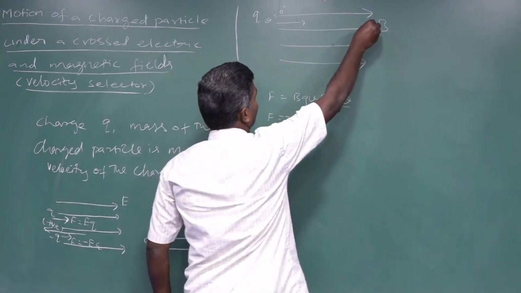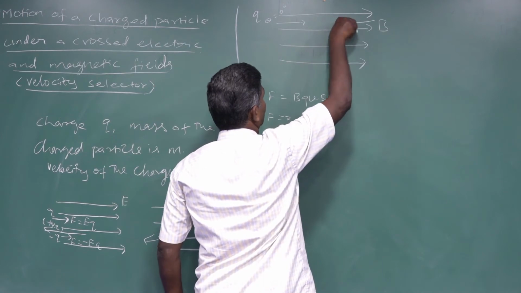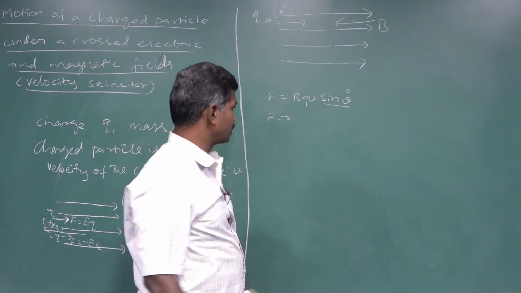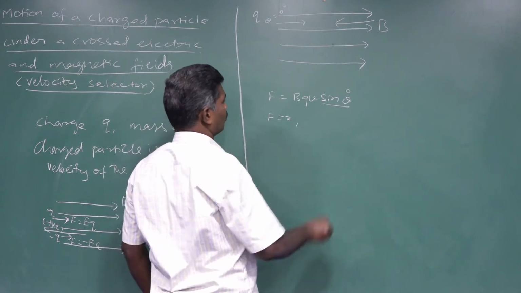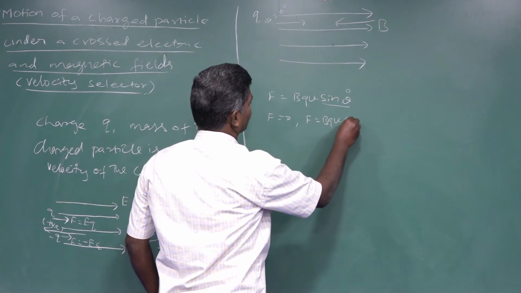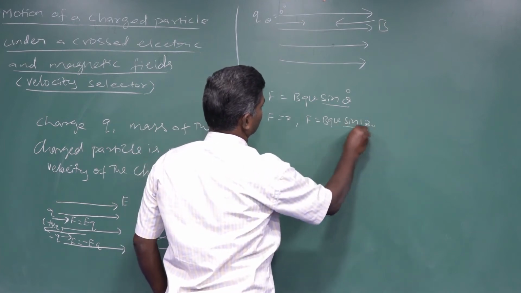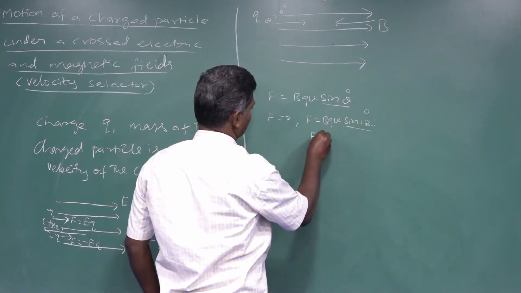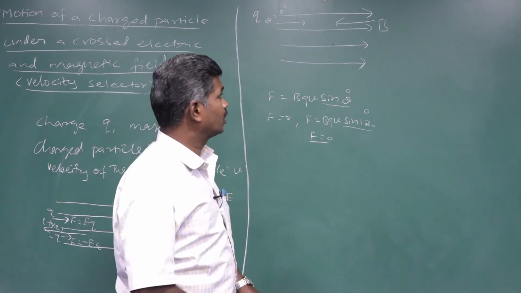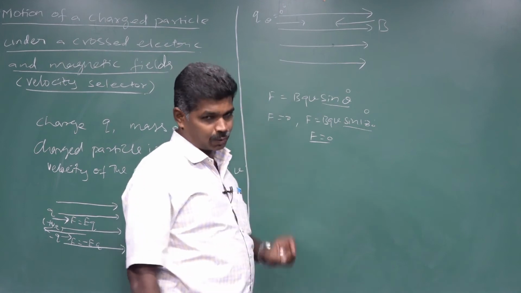If the same charged particle enters opposite to the direction of the magnetic field, then F is equal to BQv sin 180. We know that sin 180 is also 0. So at 180 degrees also, the force is 0.